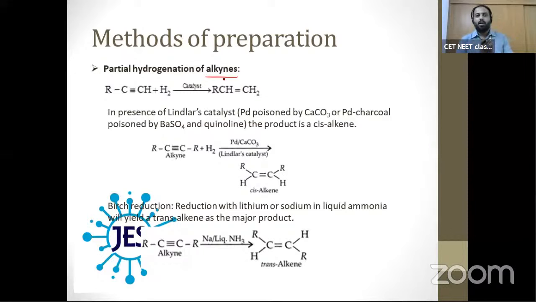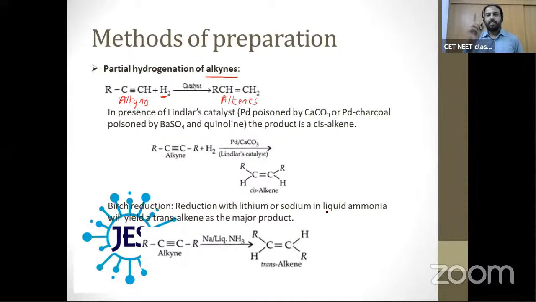See, when we discussed methods of preparation of alkenes we saw one method. What was it? Alkynes and alkenes upon catalytic hydrogenation. If you add hydrogen gas, it gives you alkanes. Similarly, alkynes upon catalytic hydrogenation can end up with alkenes.